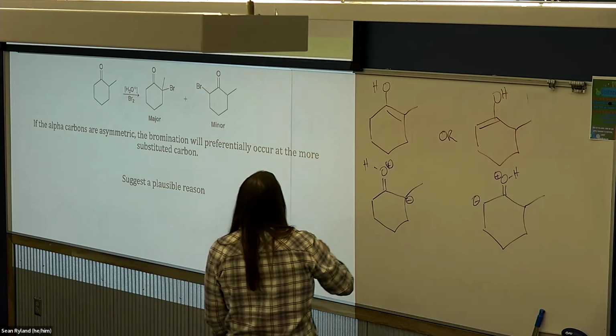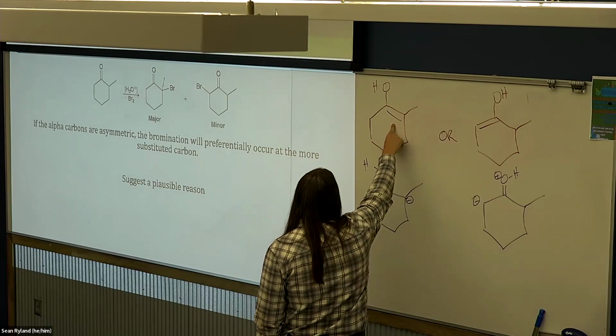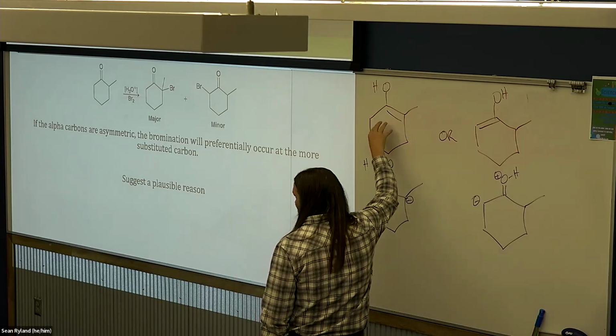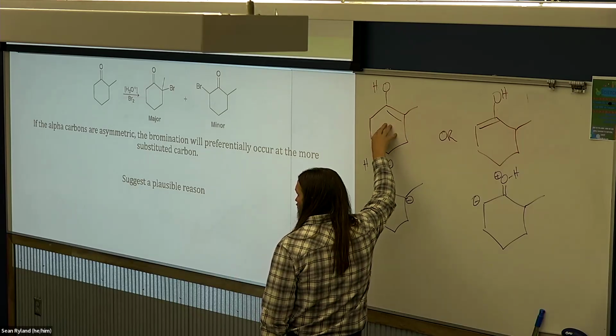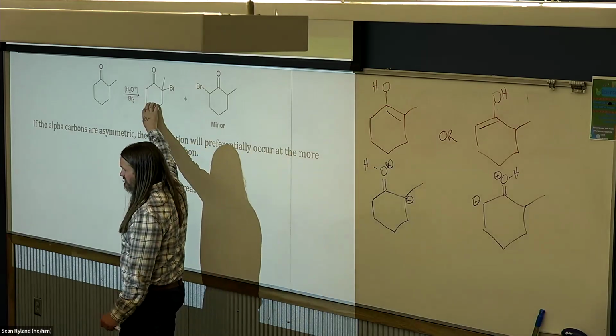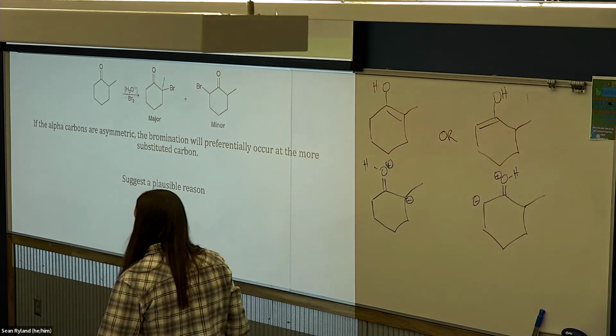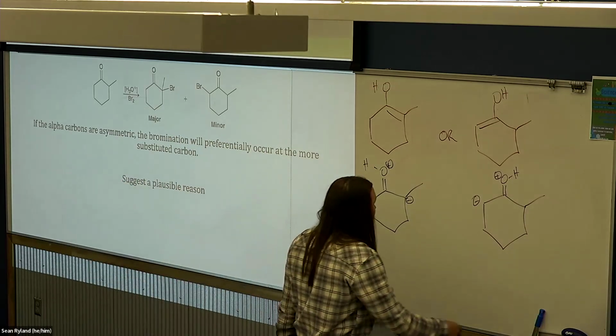Our only irreversible step was the enol reacts with the bromine. And since we're more likely to have this enol, we're more likely to make this product. So that's the Zaitsev rule as applied to a more complicated system.